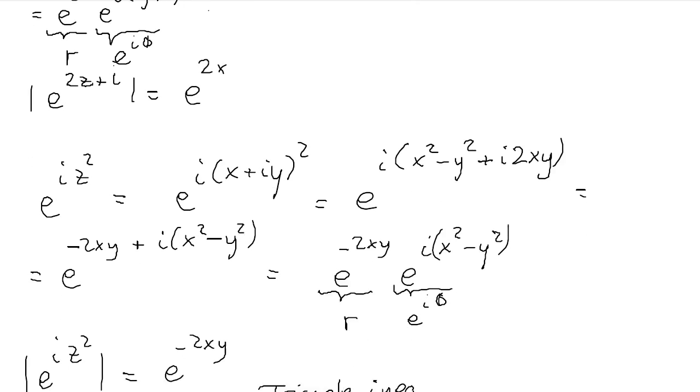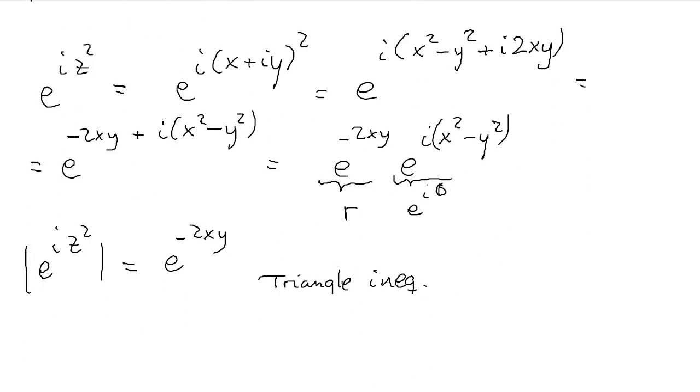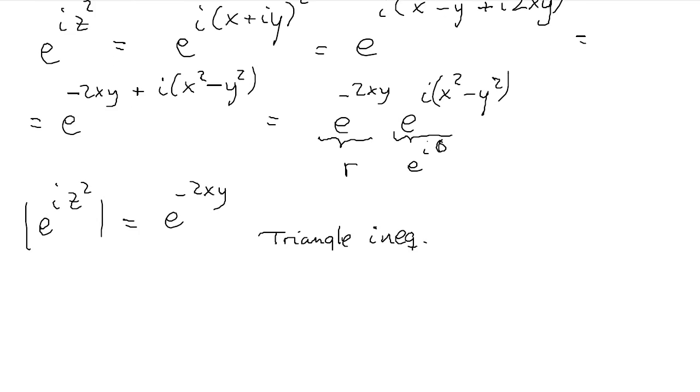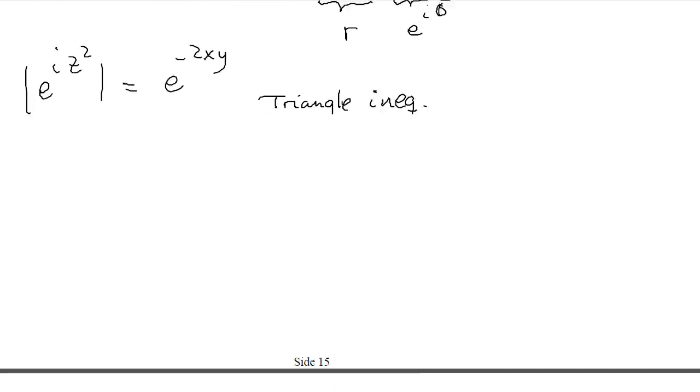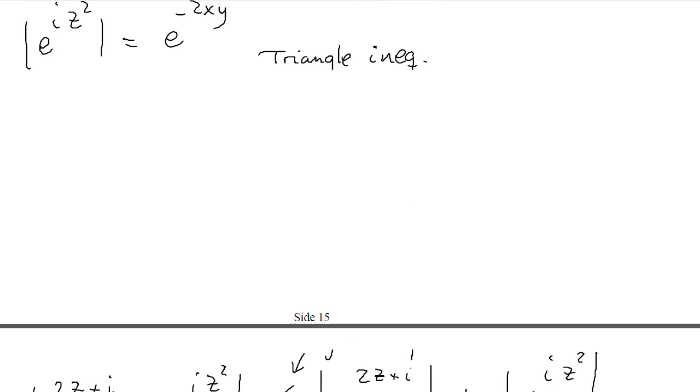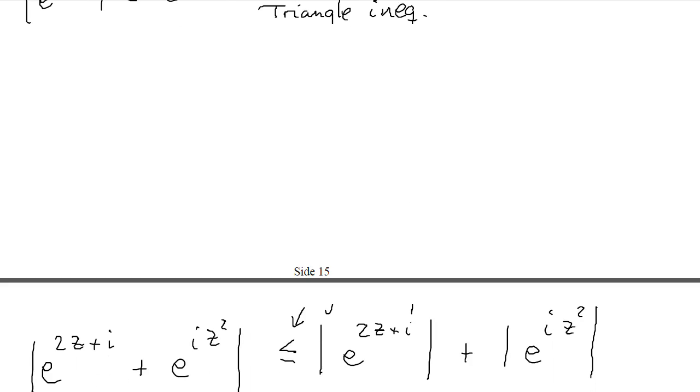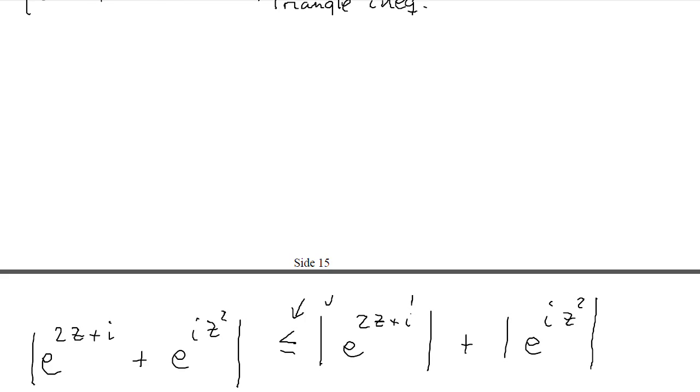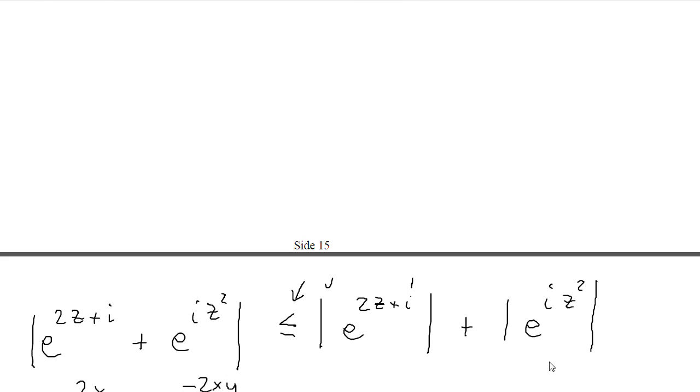So now we have done the first part of this task, and now we are going to prove this inequality using the triangle inequality. We obtain that the absolute value of the sum of these two complex functions is less than or equal to the absolute value of the first plus the absolute value of the second.